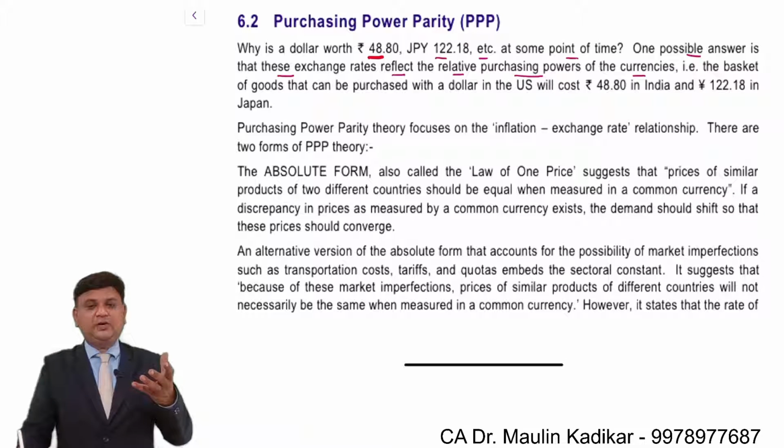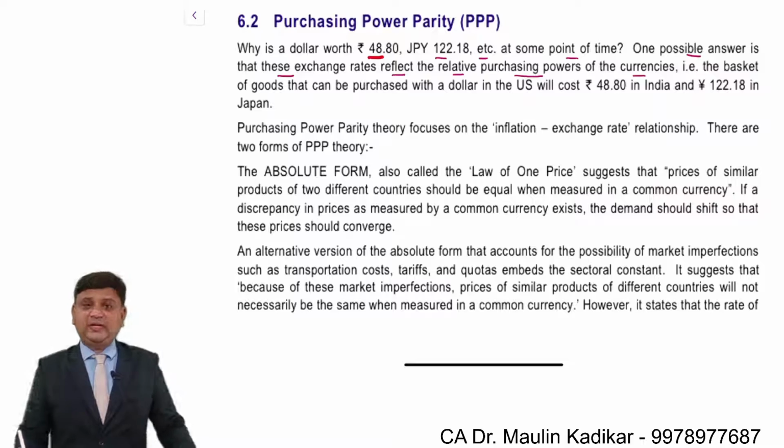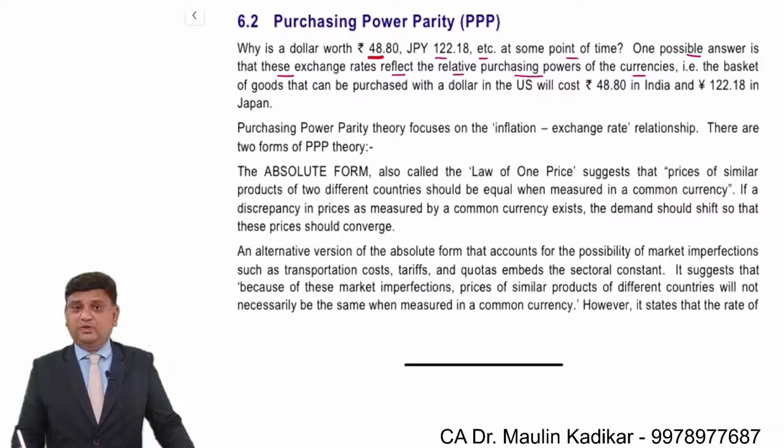Means a product that you can buy in India and the same product that you can buy in United States are at different values. So considering that only the means of the currency is different, we understand that the exchange rate is calculated.